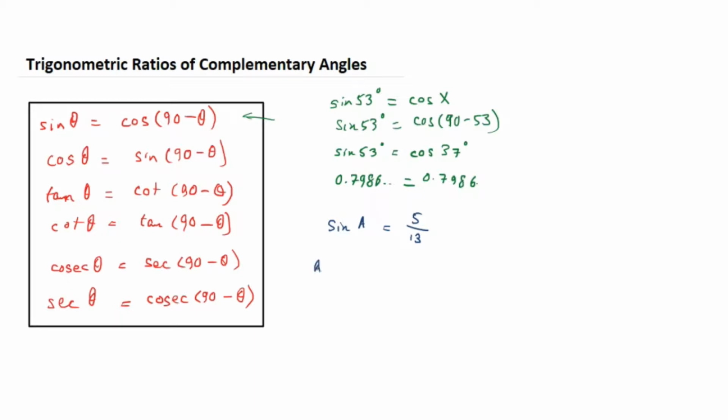We can also be given questions such as that sine of A is say 5 over 13, and we are given that angle A plus angle B is equal to 90 degrees. That means both are complementary angles and we can apply one of these identities.